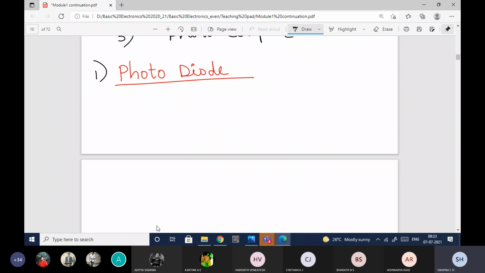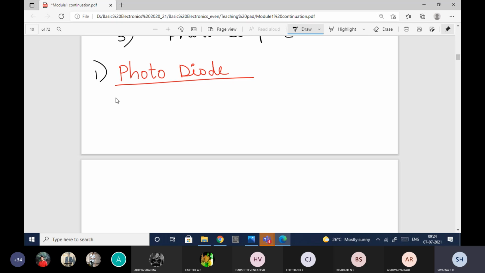Whatever you know, you can just express, at least with me. Do you know the principle? Do you remember? You have practically done the experiment on this photodiode in your lab, right? Yes, ma'am. Then okay, fine. Let it be.